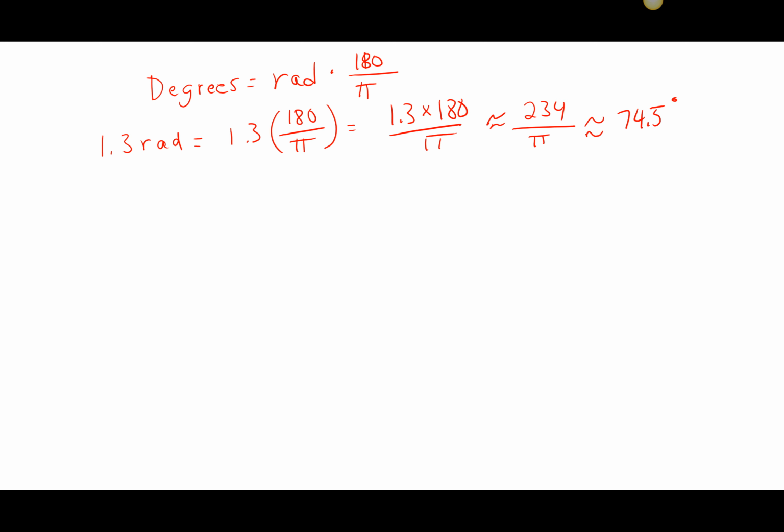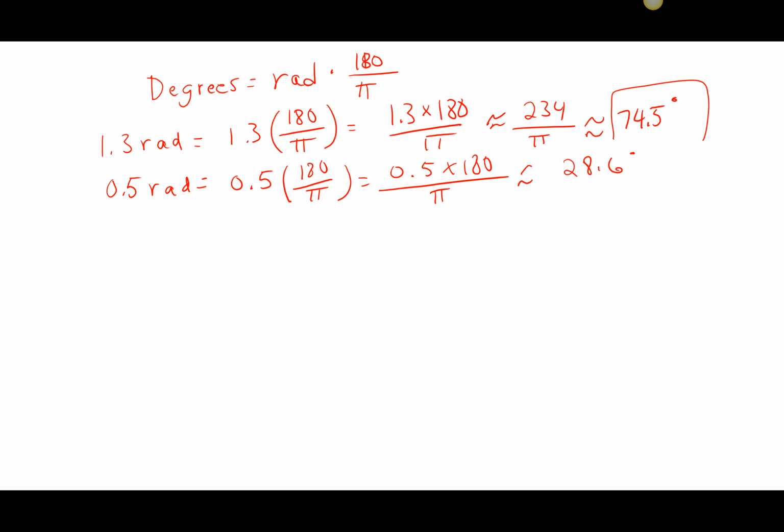Okay, so that's going from radians to degrees. So we'll work with more. 0.5 rad equals 0.5 times 180 divided by pi, and that's going to be approximately 28.6 degrees. So that's how you convert between the two.